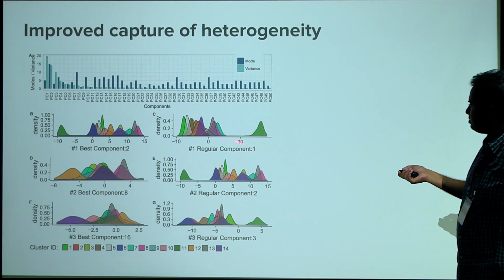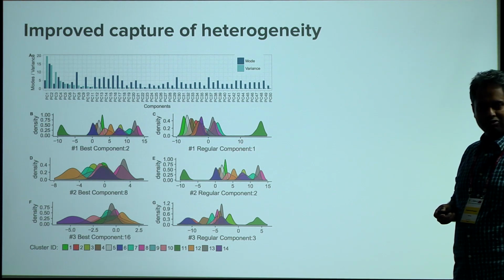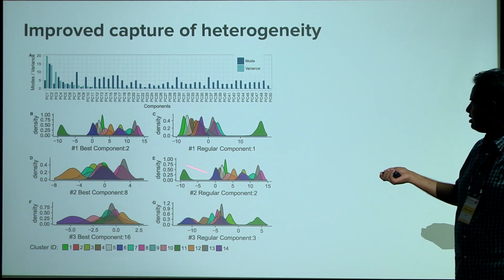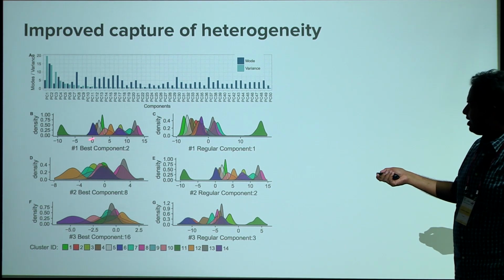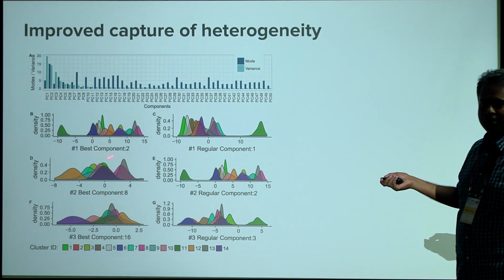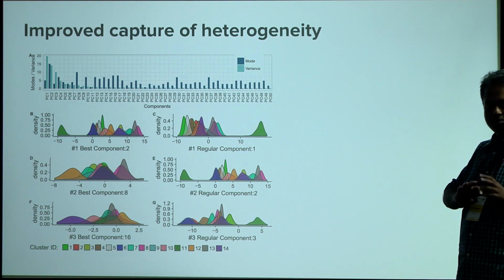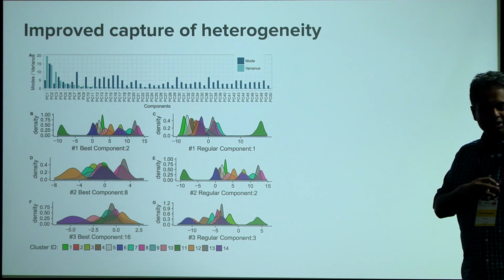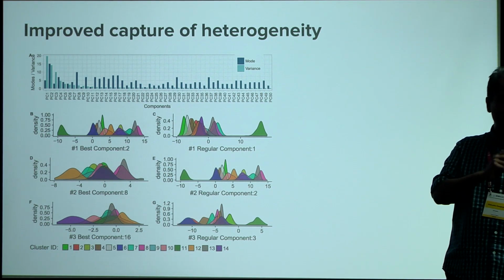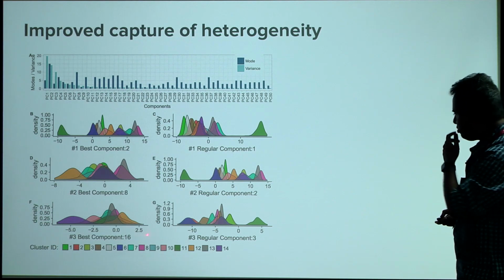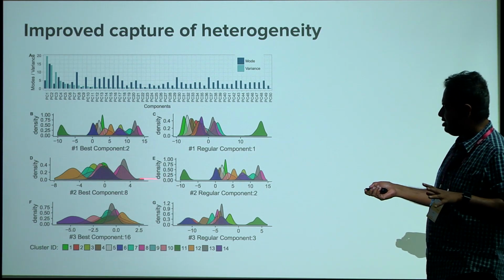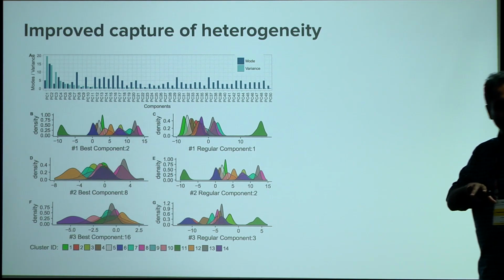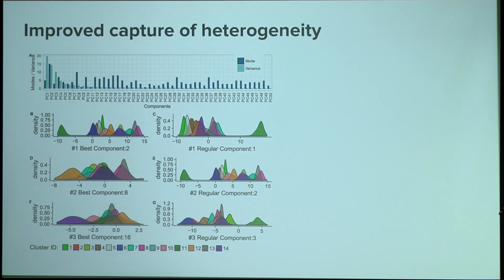As such, we chose, so you see the top principal components are 1, 2, 3, and these are some of the cell types, and you see that they are completely mixed up. Whereas if you see component 2, there the cell types are slightly more spaced out. So component 2 was elected to be the best component to start with, followed by component 8, because you see a lot of fat clusters are very well spaced out in component 8.